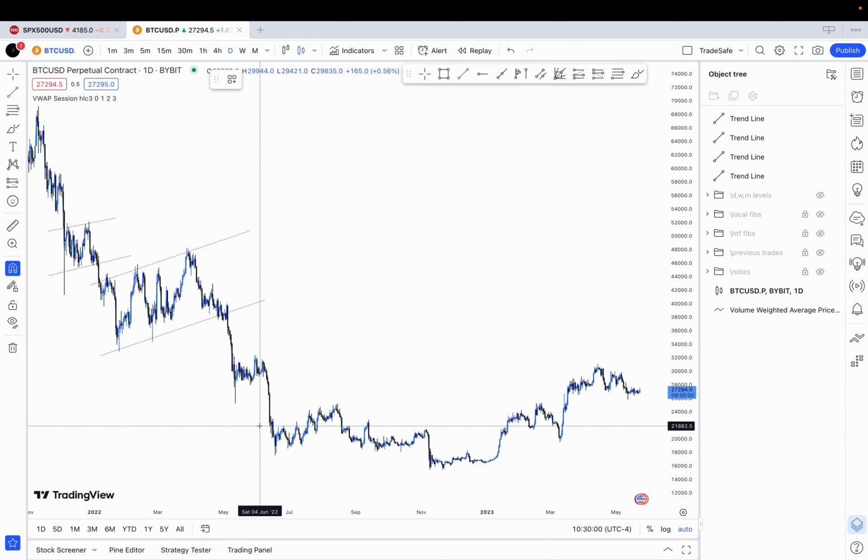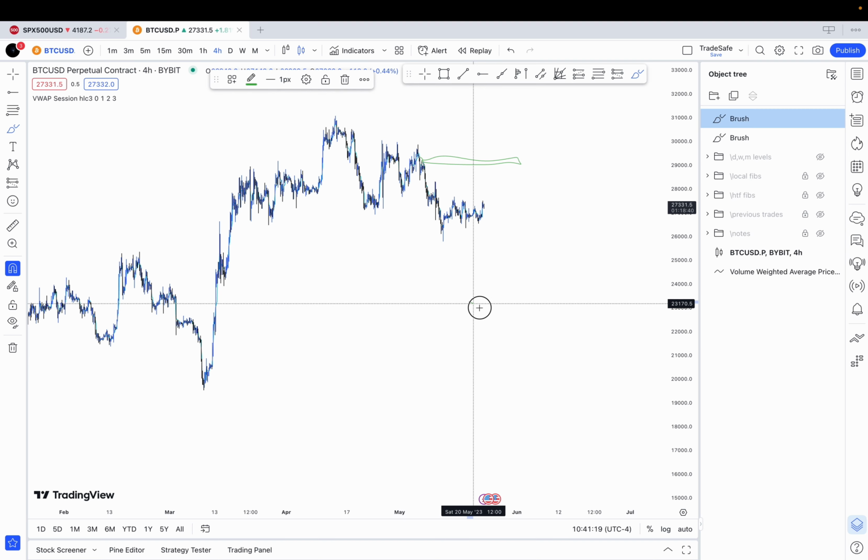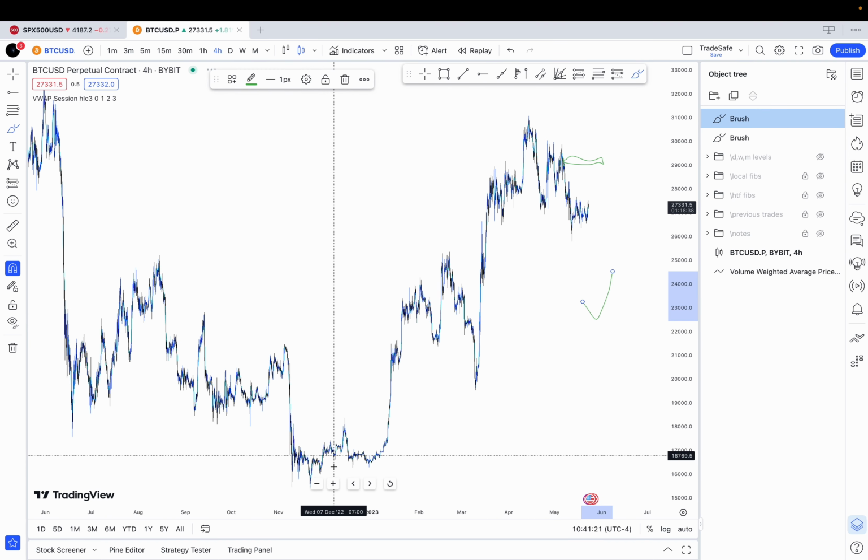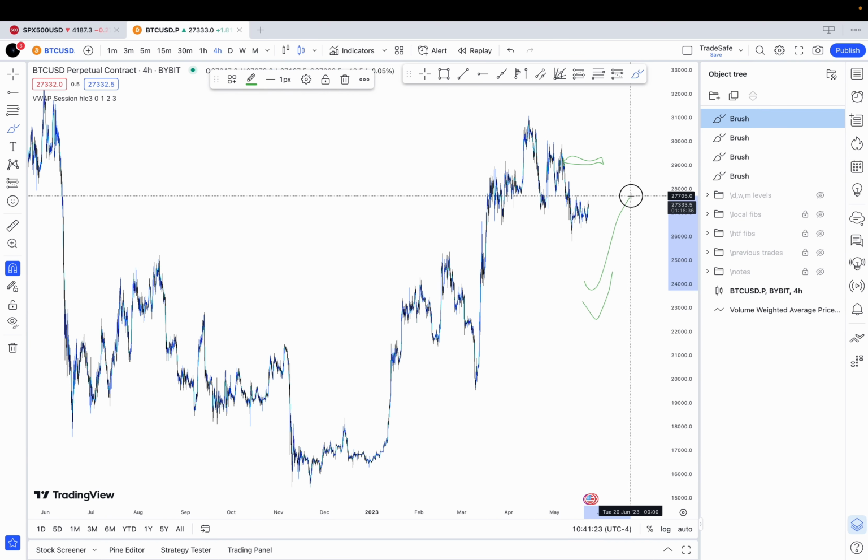I'm just showing you from a drawing perspective. But the higher confluence trade would be shorting this high, waiting for the low to be put in around here, continuing that uptrend to then buy. You just really gotta look at it like that.